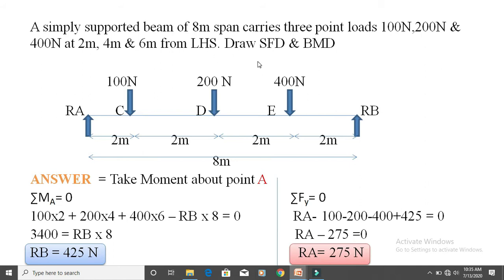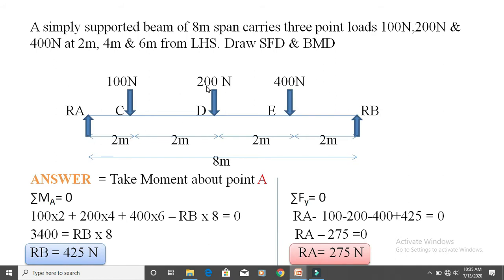Draw SFD and BMD. So this is our beam and RA and RB are the supports. Then 3 point loads: 100 Newton, 200 Newton, 400 Newton. The 100 Newton load is at a 2 meter distance from the left support.